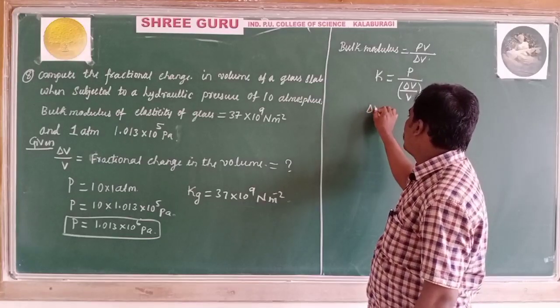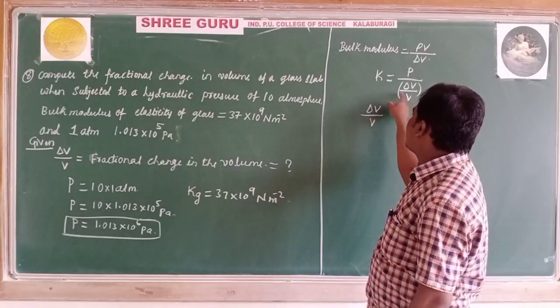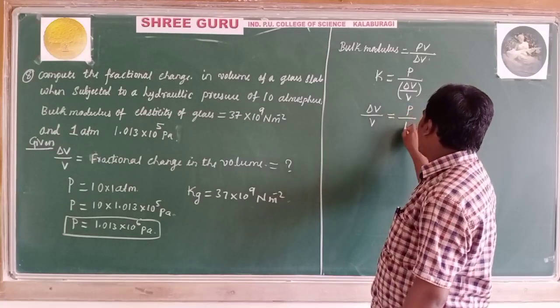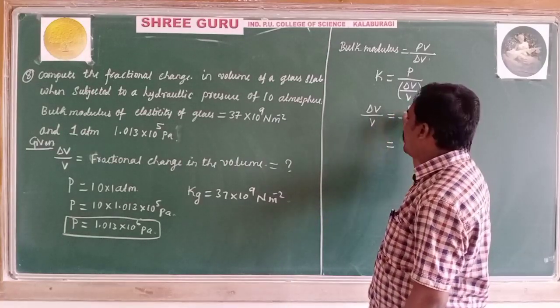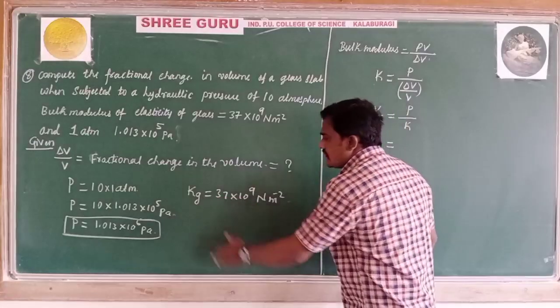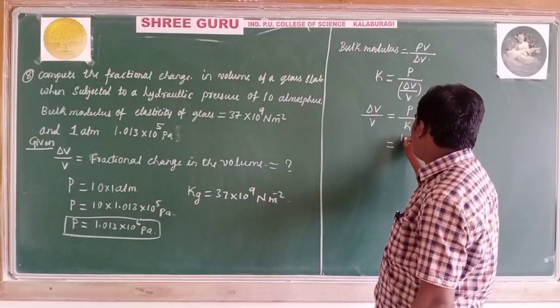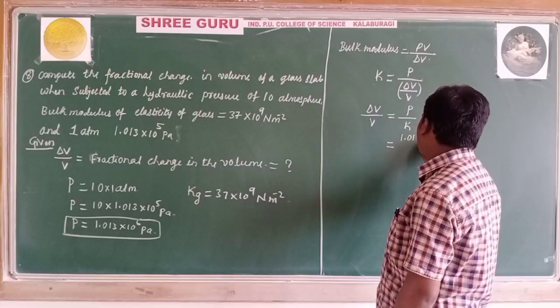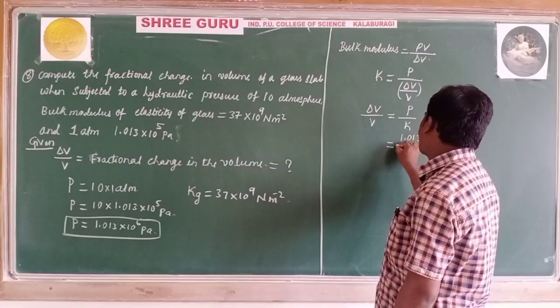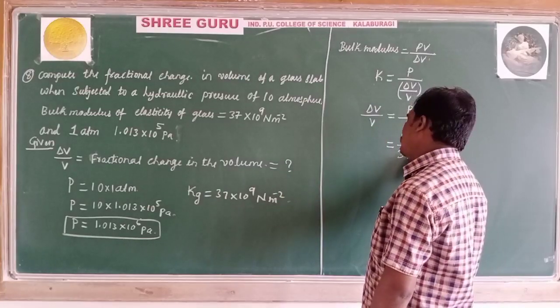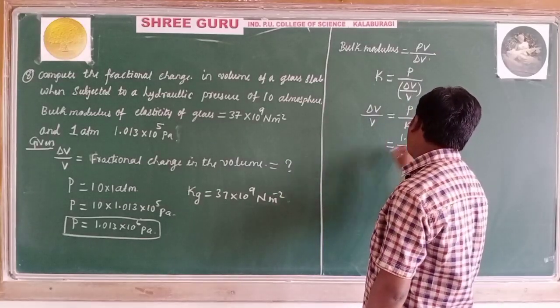Just send this side and take this side: delta V by V is P by K. What is the value of the pressure increase? The hydraulic pressure increases by 1.013 into 10 to the power of 6 Pascal, and the bulk modulus is 37 into 10 to the power 9.